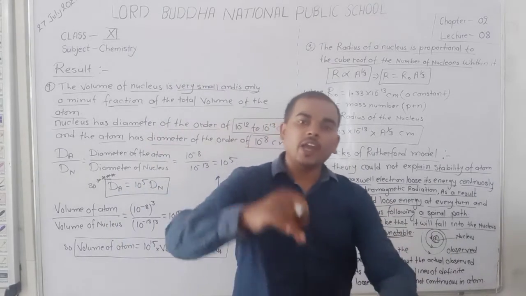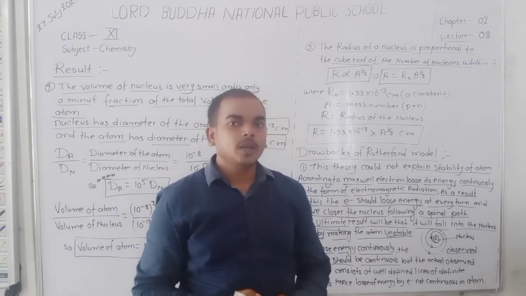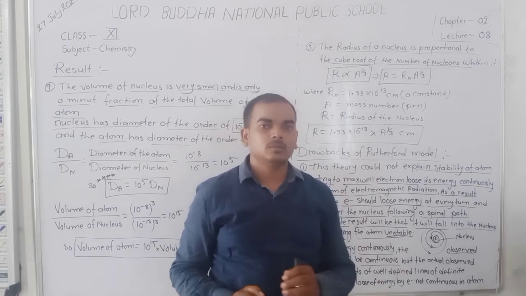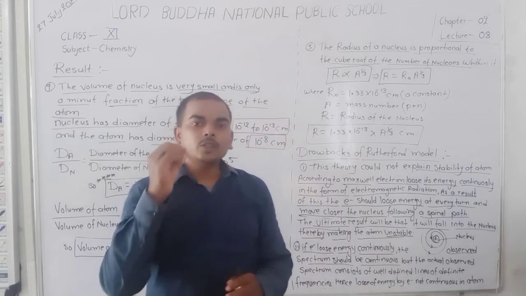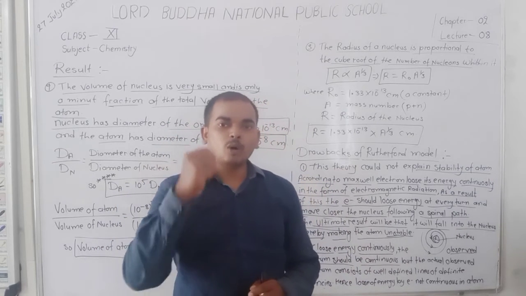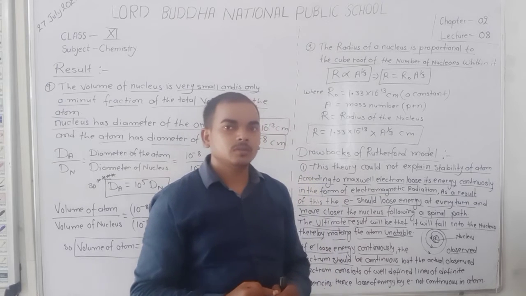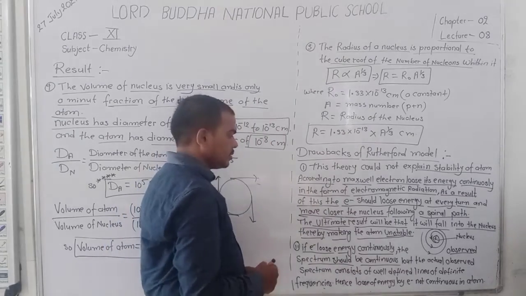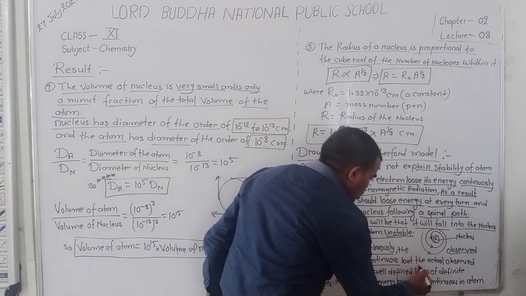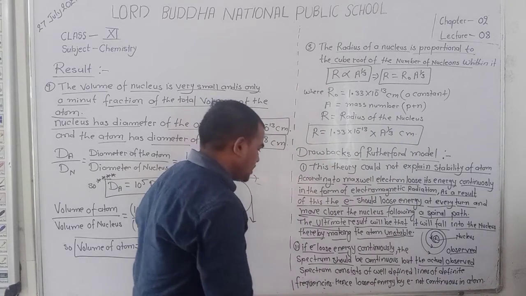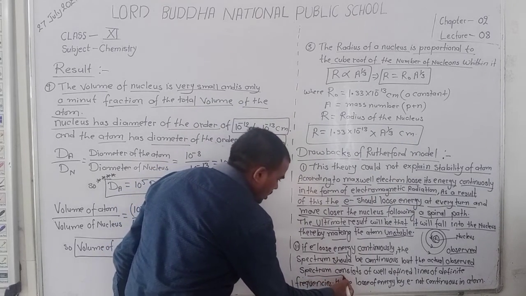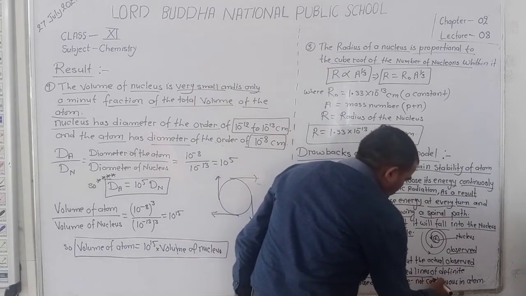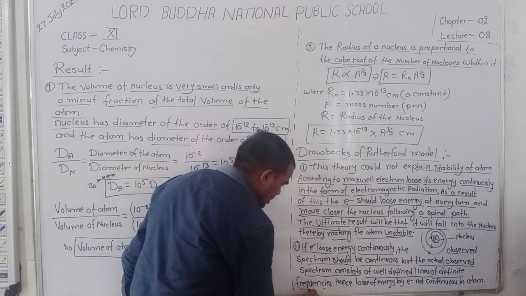According to Maxwell, if any charged particle loses its energy in a continuous manner, then the observed spectrum is continuous. But in the case of an atom, it is observed that the actual observed spectrum consists of well-defined lines of definite frequencies.